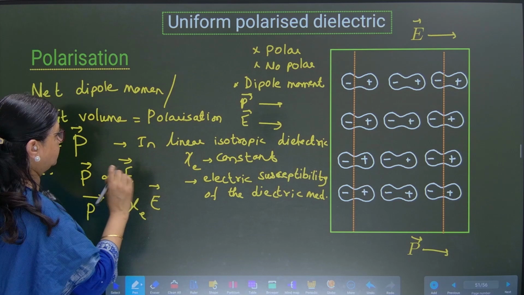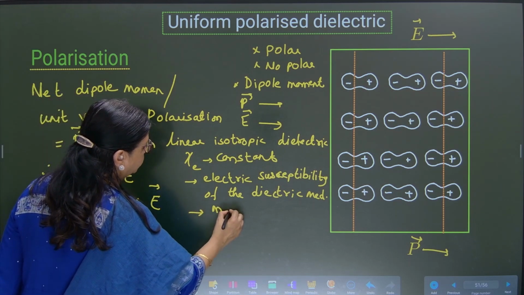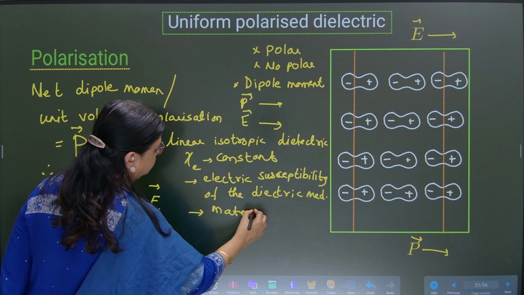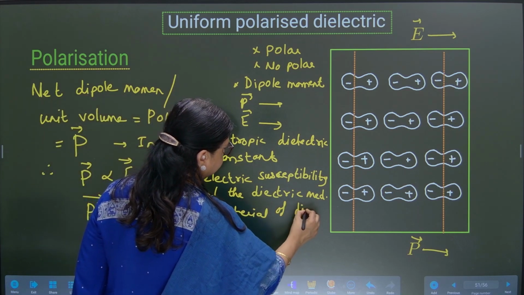Fine. And this susceptibility totally depends upon the material of the dielectric.